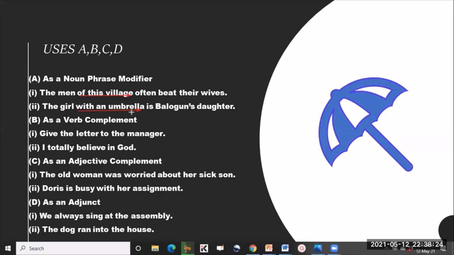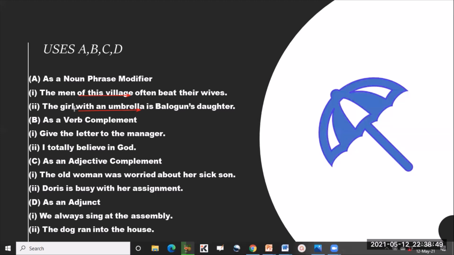And it is used as an adjective phrase here because it is telling us more about the girl. Again, using the border principle and the questioning method, if we say the girl and we put a full stop, then the question that naturally arises is which girl?